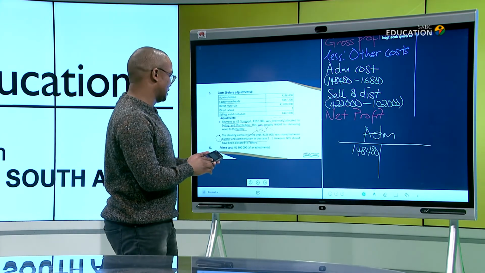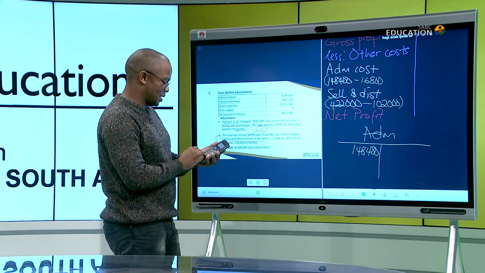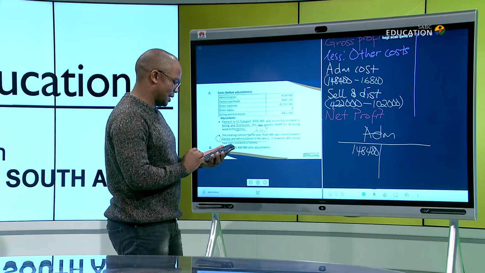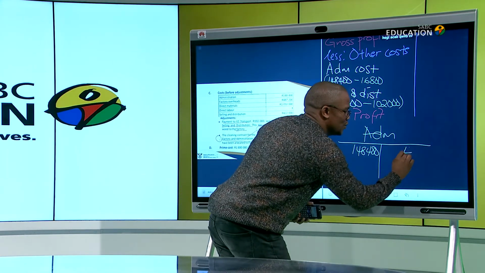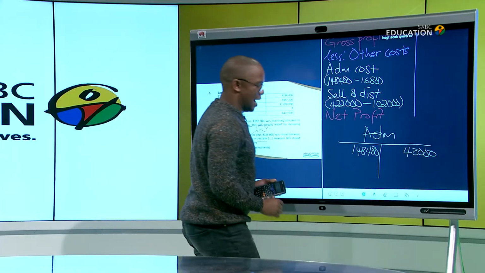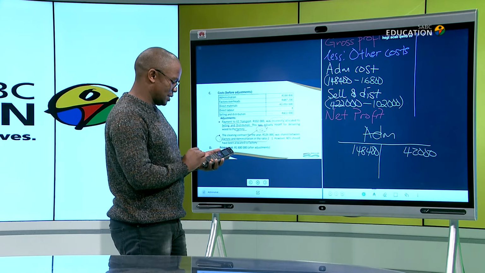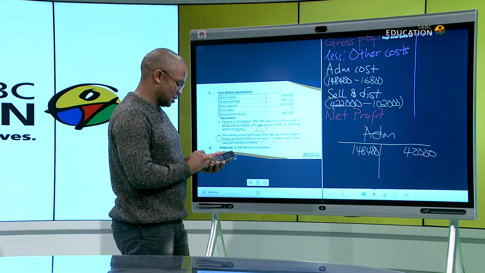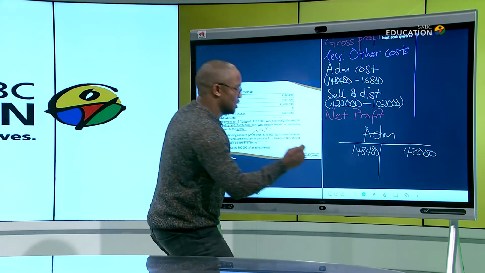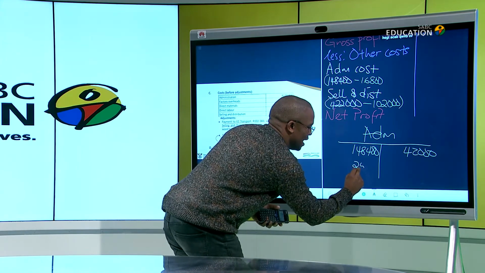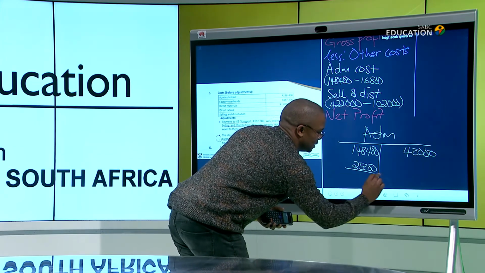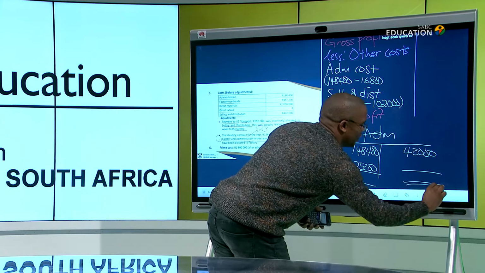Remember how much was allocated by mistake. 126,000 divided by 3. It was 42,000. You minus the 42,000. How much was the correct one? Remember we said 126,000 times 20%. The correct one is 25,200. Same thing that we did with our factory overheads.